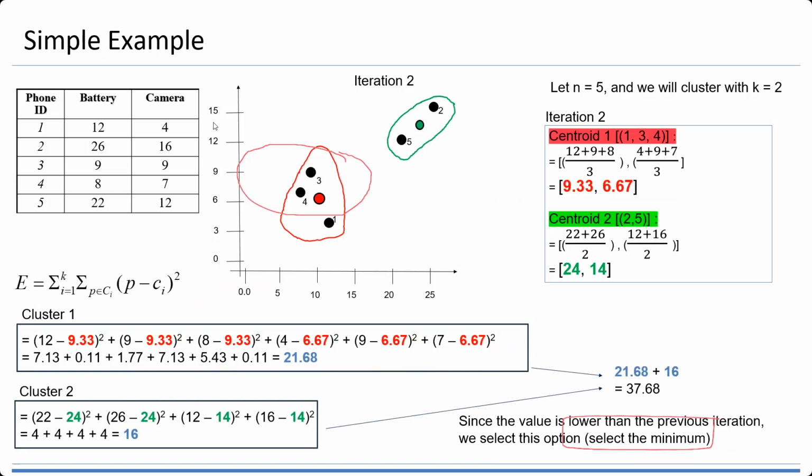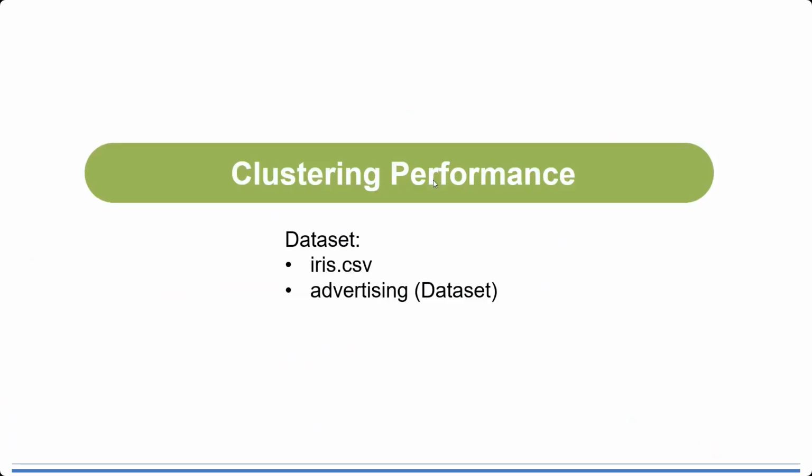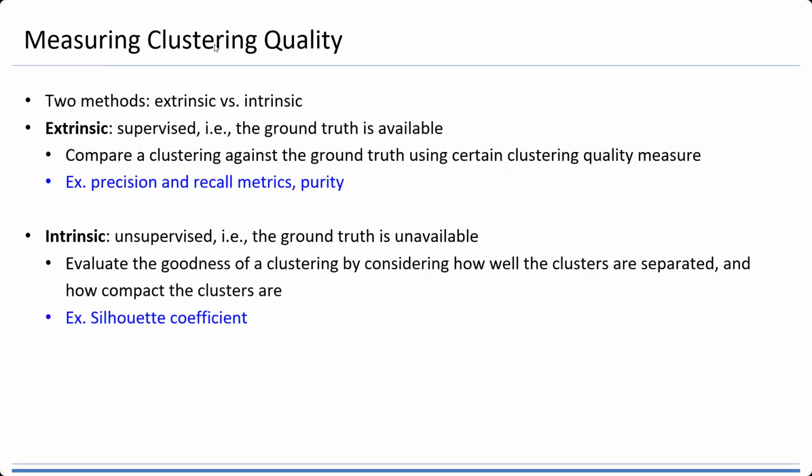But there is another way to do the performance measurement. In order to measure the clustering quality, there are 2 methods. The first method is extrinsic, and the other method is intrinsic.